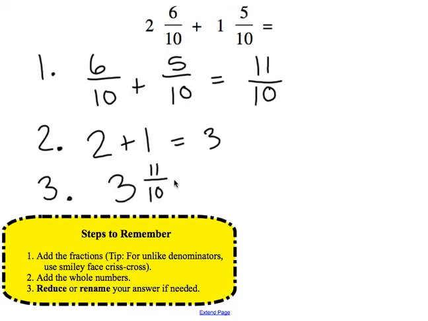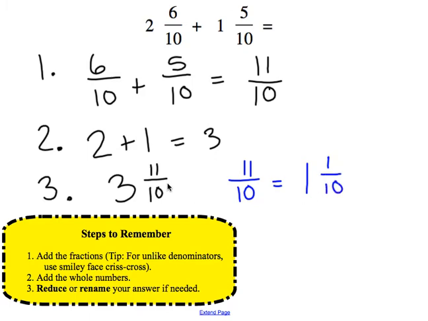Looking at our answer, we notice there is something funny going on here. Our fraction is improper. And that's what we mean here in step 3 where it says reduce or rename. We are going to rename this improper fraction as a proper fraction, or actually a mixed number. So let's take 11/10 and turn that back into a mixed number. We know that 10 goes into 11 one time with 1 left over, and our denominator stays the same.